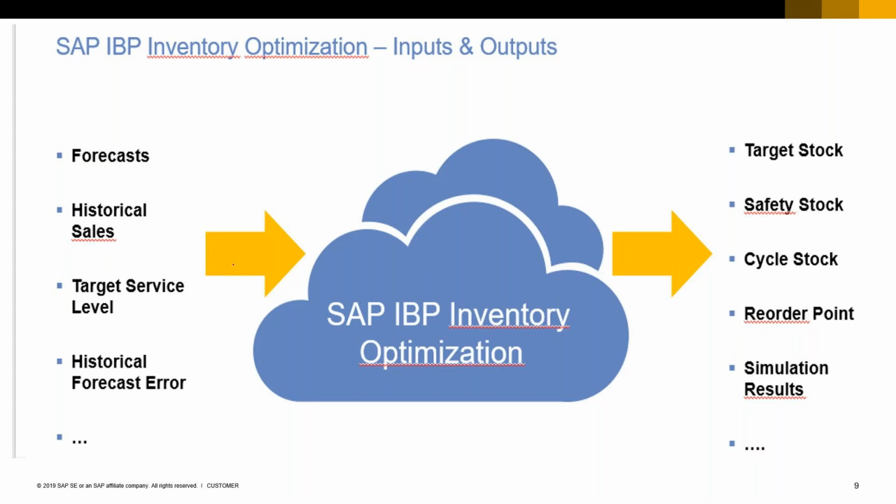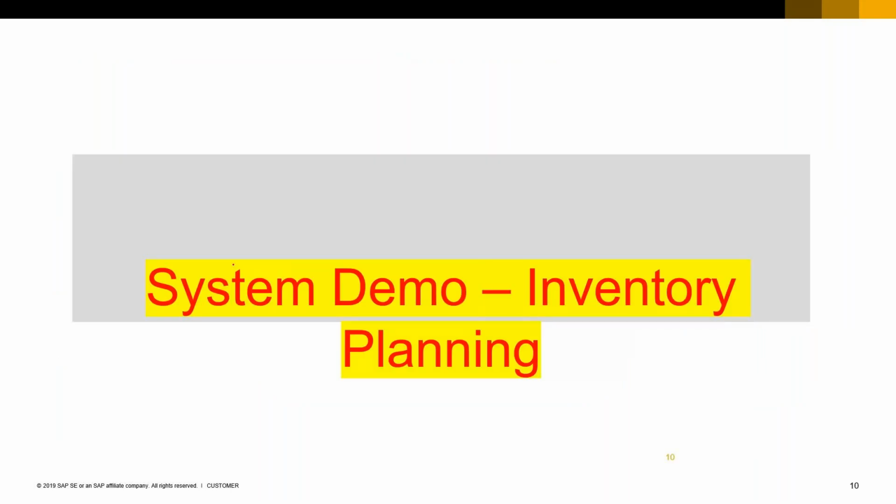Then maybe I can evaluate my financial plan, how much cost I'm decreasing by just compromising on 5% of the target service level. I can build up scenarios like that and play around with them.